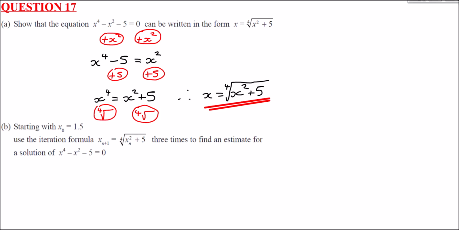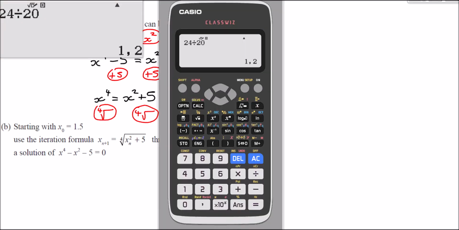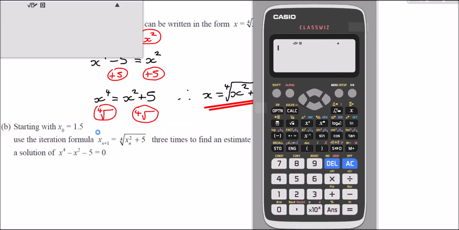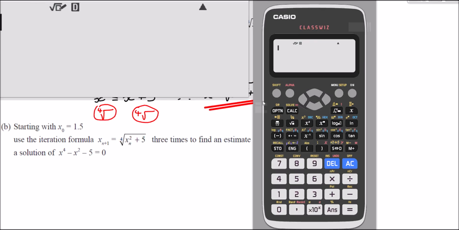So I'm going to show you the slower way and then the quicker way of doing this. So the slow way, just doing it purely manually on the calculator, what we can do is just type in exactly as we need. If I make this bigger so we can see. To get the fourth root, I'm going to press Shift, this button here, type in 4.